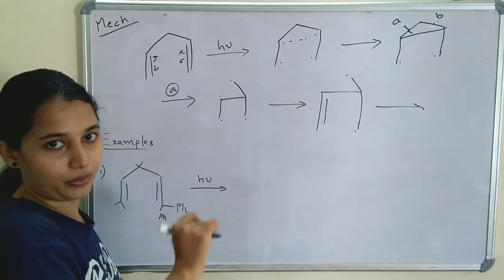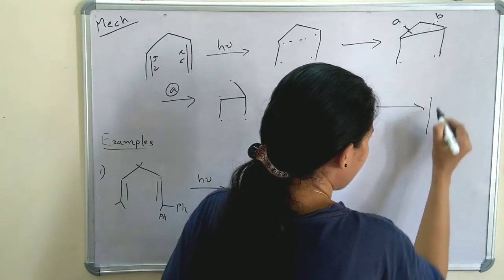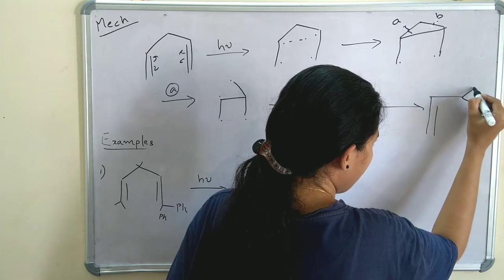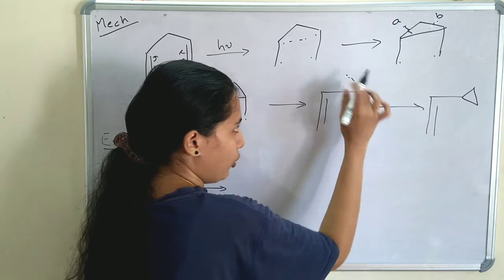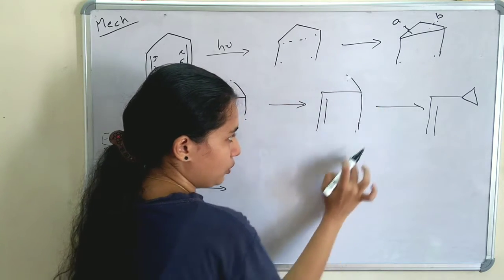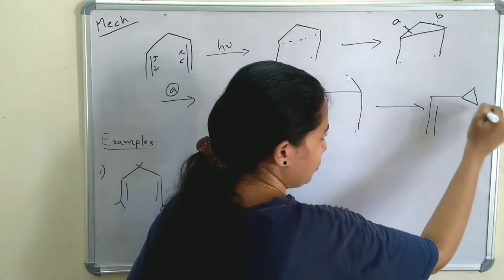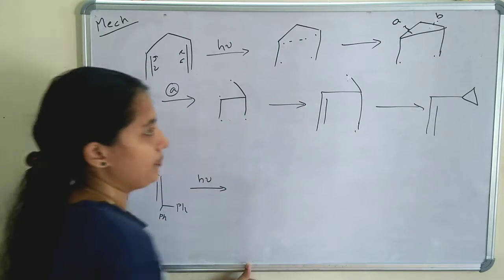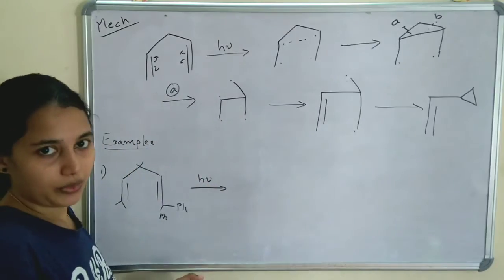A cyclopropane ring is formed. So we will write this as a cyclopropane ring. How? This bond 1, 2 and 3. So a cyclopropane ring is formed here. So this is di-pi-methane rearrangement.